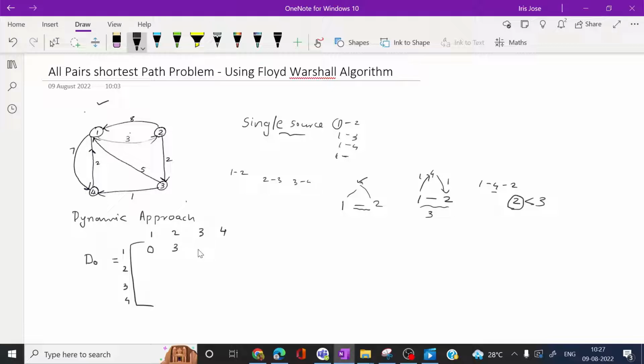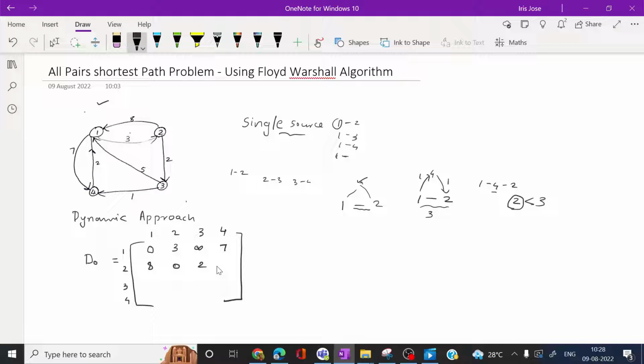From 1 to 3 there is no direct edge, so the distance is infinity. From 1 to 4 the distance is 7. This is written from the given graph. Then from 2 to 1 the distance is 8. From 2 to 2 again the distance is 0. From 2 to 3 the distance is 2.